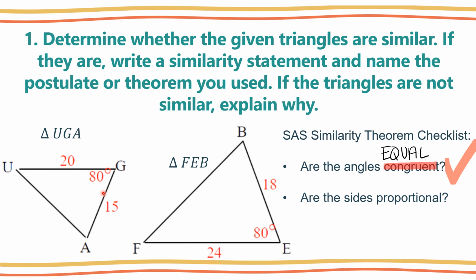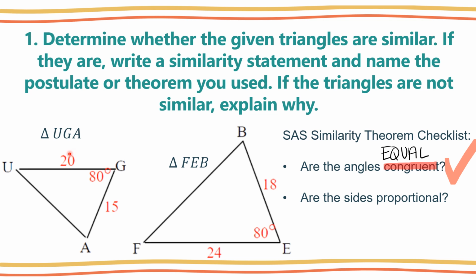All right, so let's set up our proportions and check and see if these sides are proportional. I'm going to start with this larger side on the left. And remember, I'm always putting my triangle on the left in the numerator, my triangle on the right in the denominator.